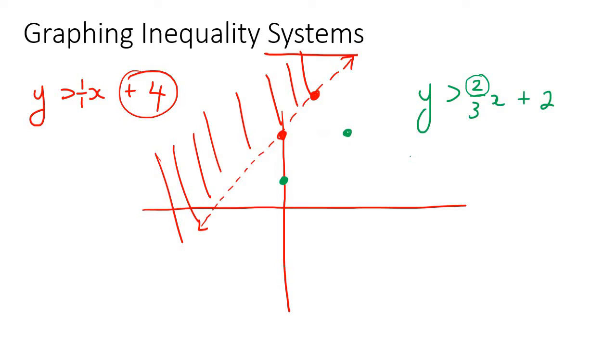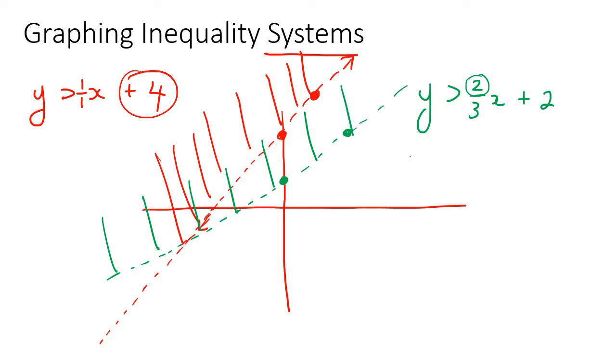Okay, so we put a line through it, and it's a dashed line, like that. Let me extend the red one as well to there. Okay, and then y is bigger than, so that would be above. So it would highlight all the parts that are above. Okay, and it will be all of that.